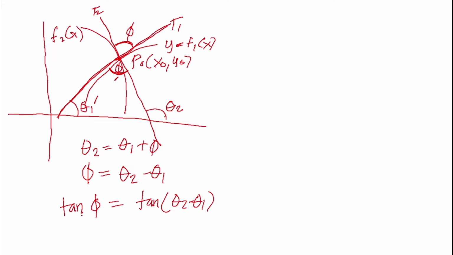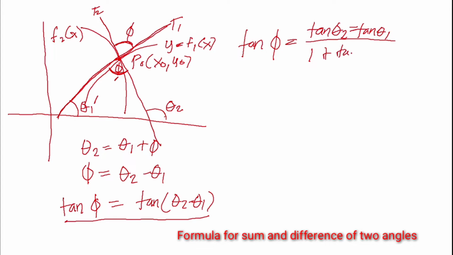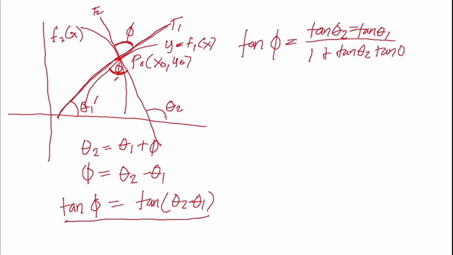By this identity, tangent phi is equal to tangent theta 2 minus tangent theta 1 over 1 plus tangent theta 2 times tangent theta 1.